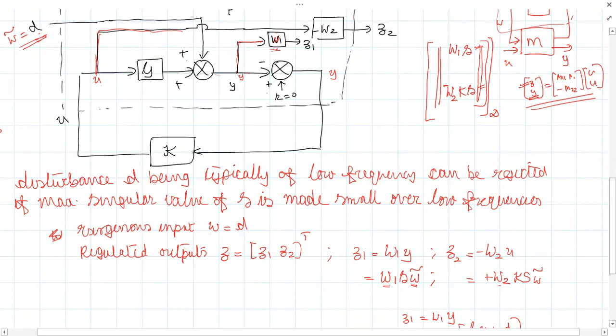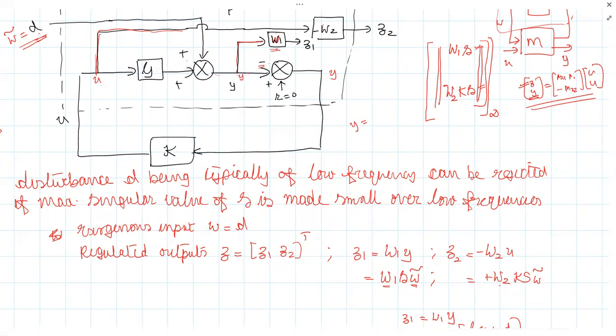U into G plus D. Look carefully and tell me, what is the polarity here? Negative. Okay, sir, it's minus.